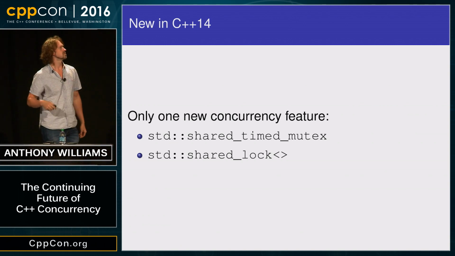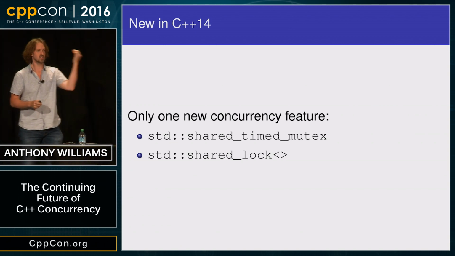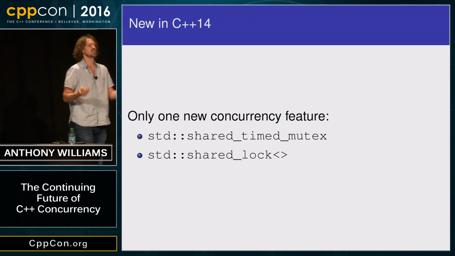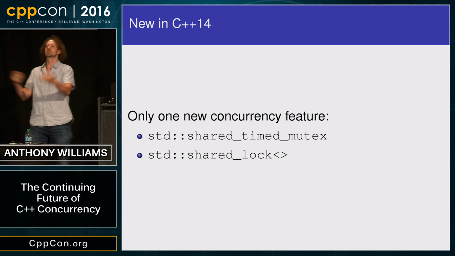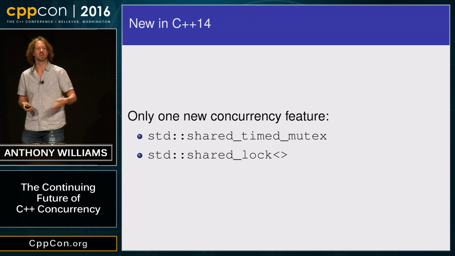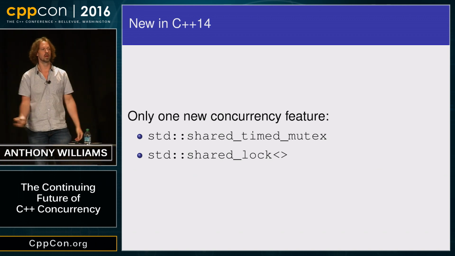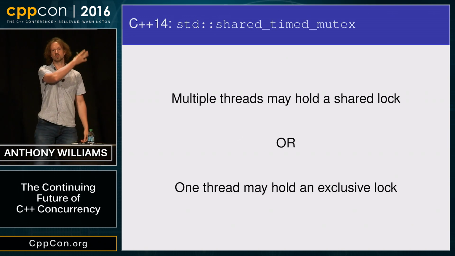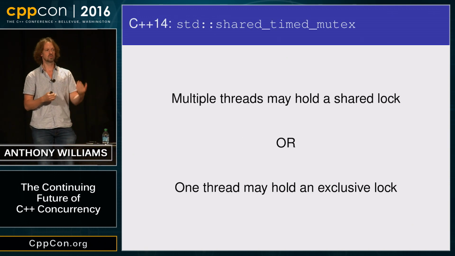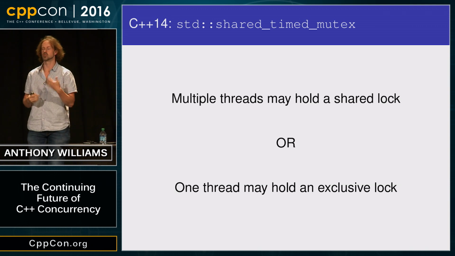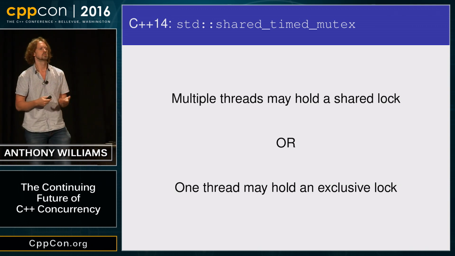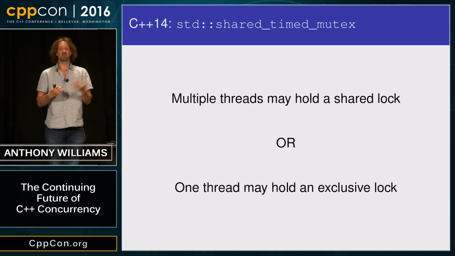You use it like this, as an example. We've got some data structure that we're trying to deal with. We've got in this case a table, which is a map of strings to strings. We have our shared timed mutex at the top, and we're implementing some function to find an entry. So this is a read operation.